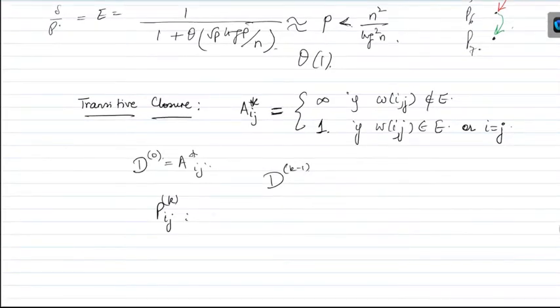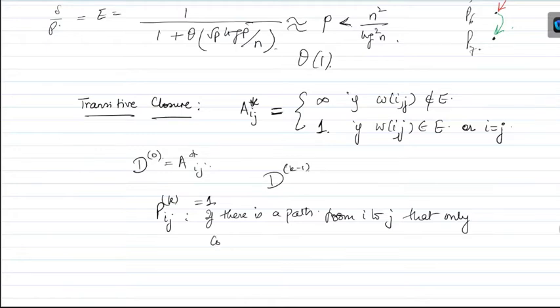It basically says if there is a path from i to j that only comprises of v1, v2 all the way to vk as intermediate vertices.